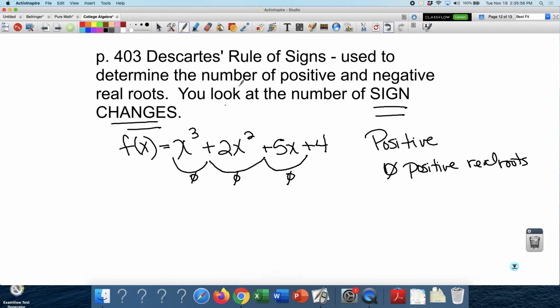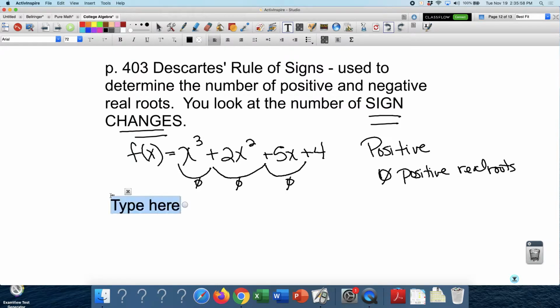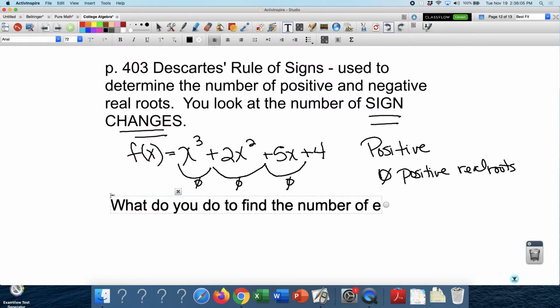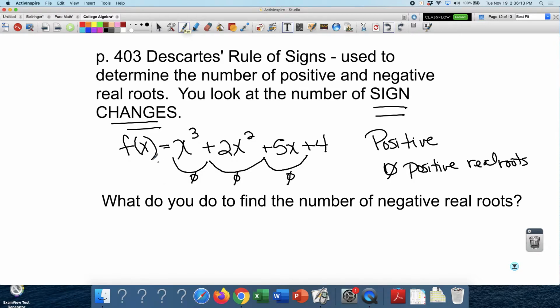So what do you do for the negative roots? Well, what you simply do is you go back into the original equation given and you put in a negative x.